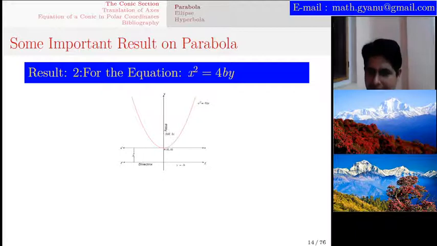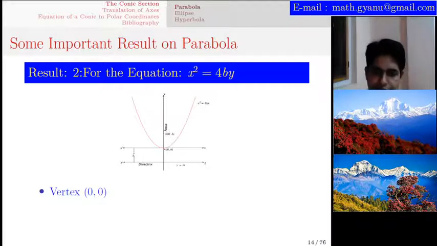If the value of b is positive, it will be concave upward. If the value of b is negative, it will be concave downward. I only talk about the standard form x square equal to 4by, with the curve concave upward.